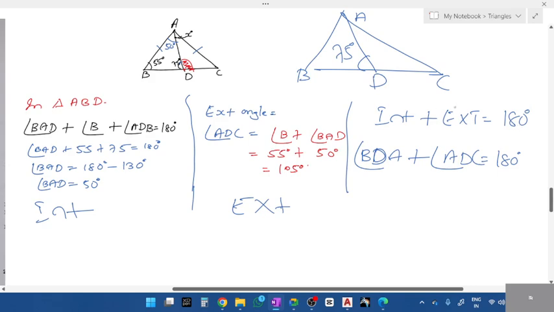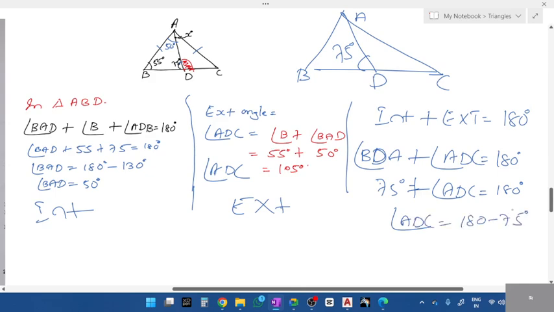BDA plus ADC is equal to 180. So 75 degrees plus ADC is equal to 180. Therefore, angle ADC, how much is ADC? 180 minus 75. Are we getting the same answer for both?